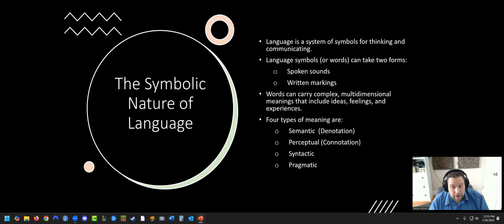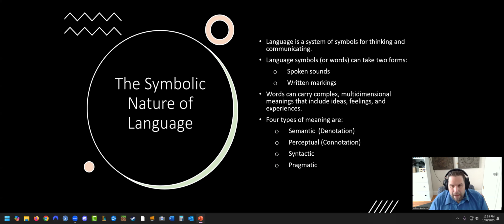And there are lots of different terms that can be used to express some of these ideas. Semantic and perceptual ideas, in research for example, might be referred to as the conceptual meaning behind the words.